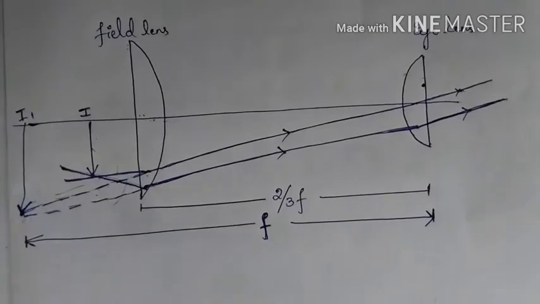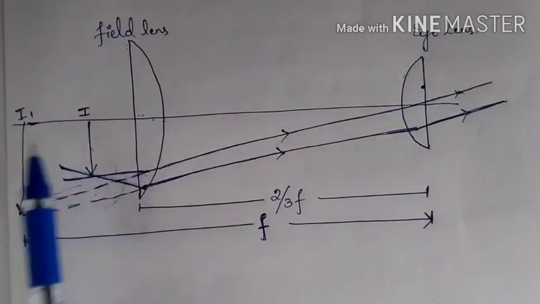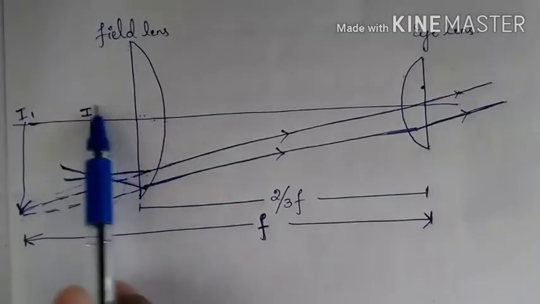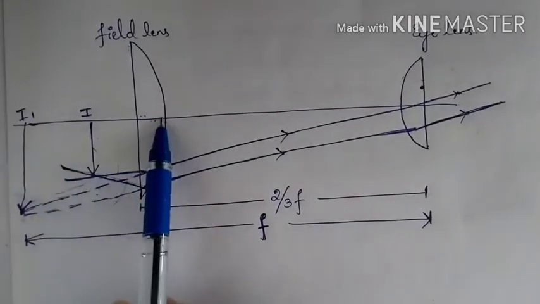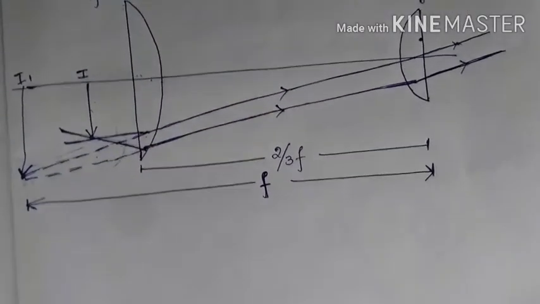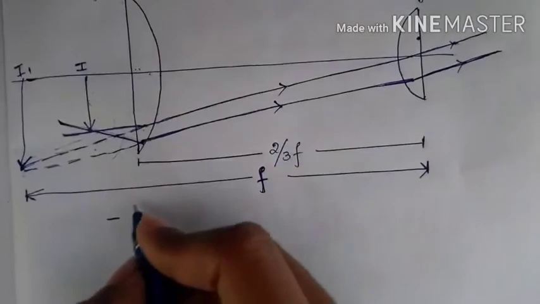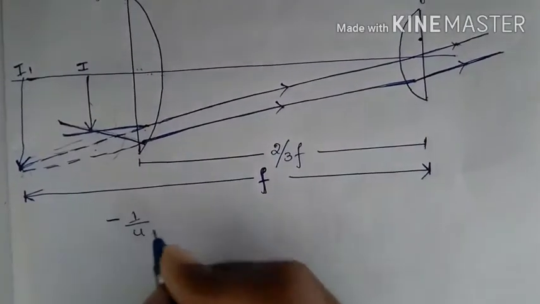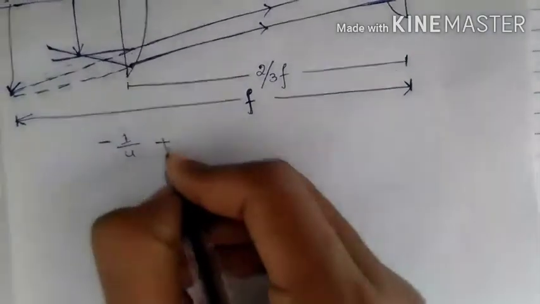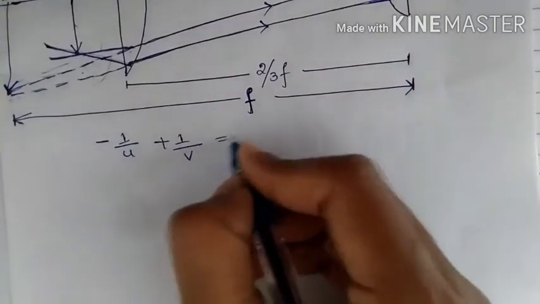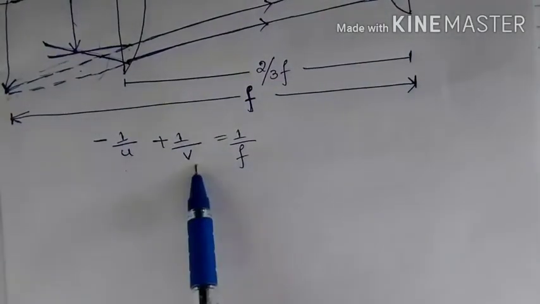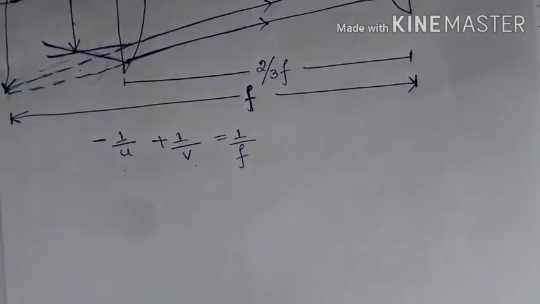Now let us find the object distance for this plano-convex lens, that is, the distance between the eye and plano-convex lens 1. You can do that using the lens formula: minus 1 by u plus 1 by v equals 1 by f.